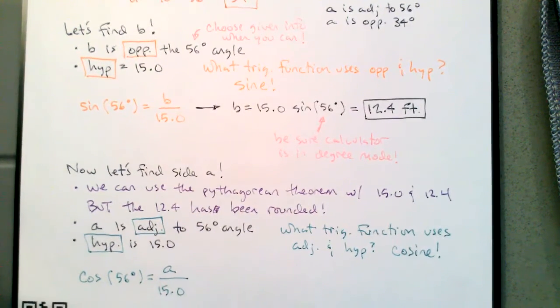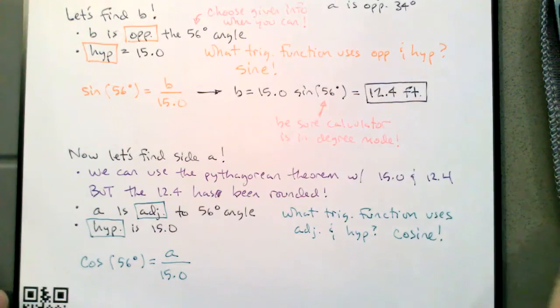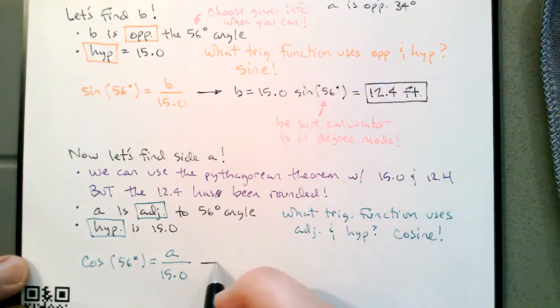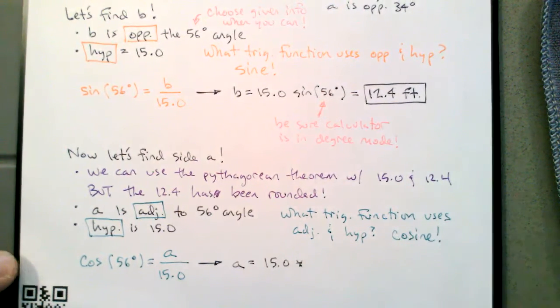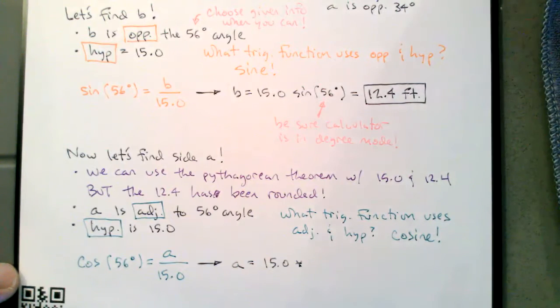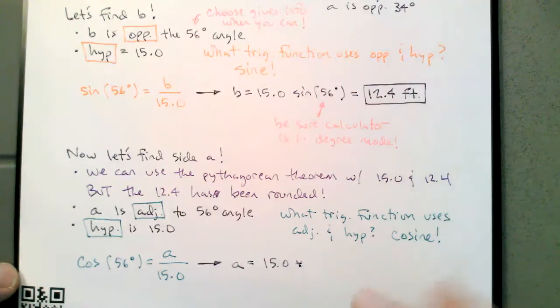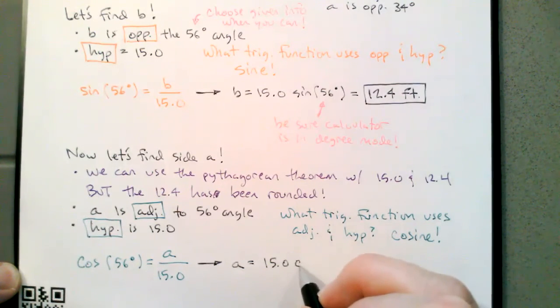I'm using only given information, and none of that has been rounded. And so I can solve the same way. If the cosine of 56 is A divided by 15, then A is 15 times the cosine of 56.